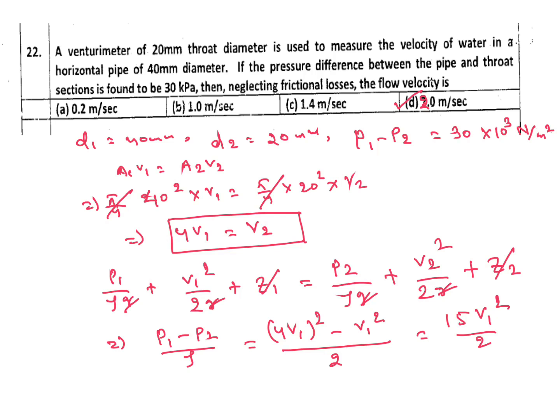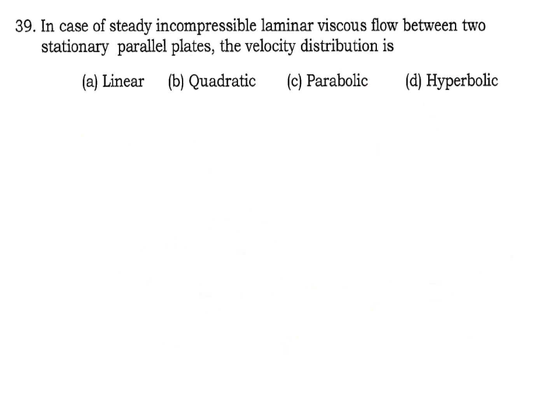In case of steady incompressible laminar viscous flow between two stationary parallel plates, the velocity distribution is how much? Two stationary parallel plates.